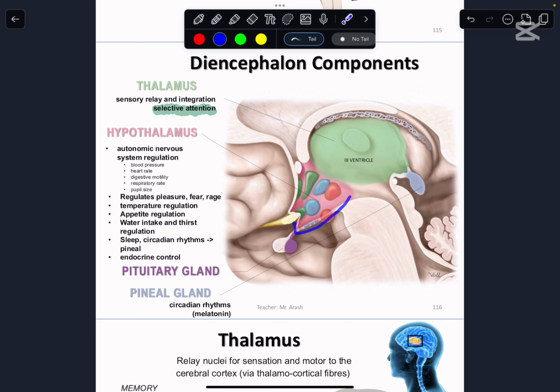The hypothalamus is all this pink area, right? All of this pink space is hypothalamus, but you can see it has different parts. These little structures colored differently are subparts of the hypothalamus. So what you need to know about hypothalamus function is essentially listed here. As you can see, it has to do with autonomic nervous system regulation.